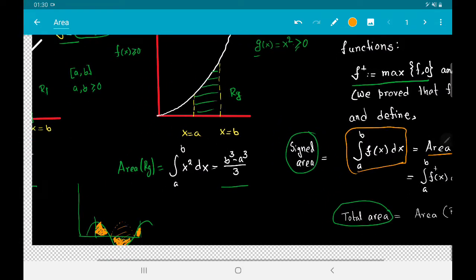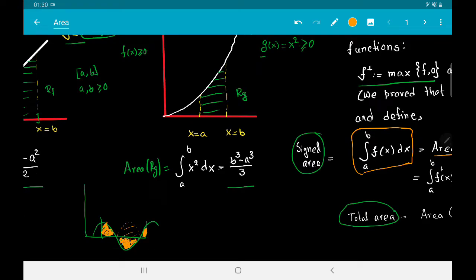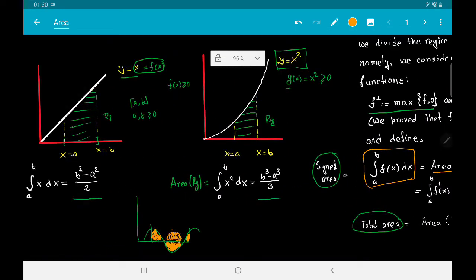this region which is below the x-axis contributes something negative to the integration, but we want to take the modulus of the negative area, so that we are actually talking about this area which is above the x-axis. That of course will give us the total area of the whole region.